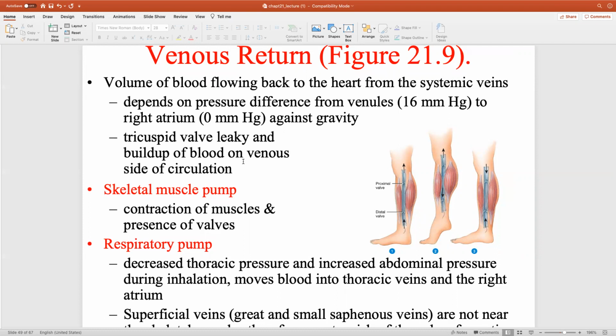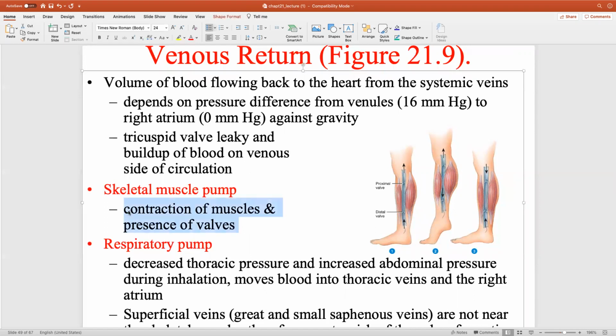Now let's talk about these two pumps right here. I highlighted them; I want you to know what they do. In terms of the skeletal muscle pump, what happens? This is one of the reasons why, if they're able to walk after a surgery, as soon as they're able to walk without risk of falling, we want that person post-op to be able to walk by themselves almost immediately.